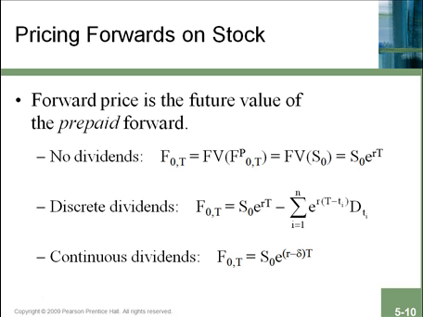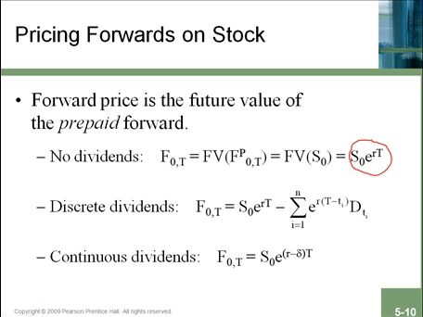If there are no dividends paid by the stock between now and contract expiration, then the prepaid forward would just have a value of S0, and so we would find its future value multiplying by e to the RT, and so the forward price would just be S0 times e to the RT. And if it weren't, there would be an arbitrage opportunity.